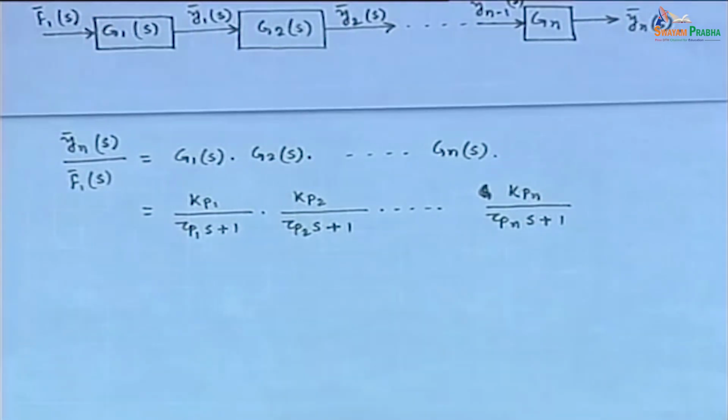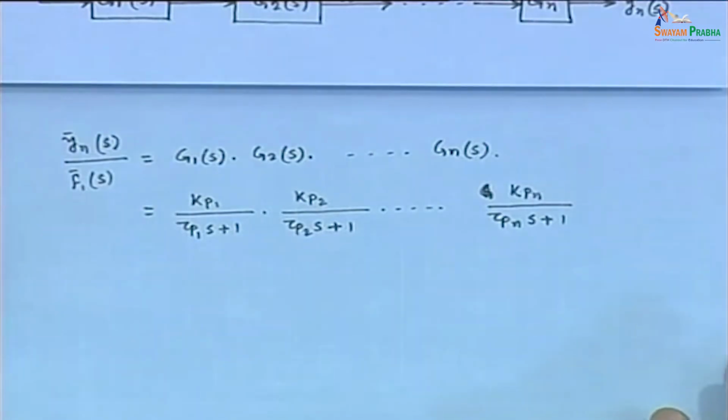So, this is the overall transfer function for n non-interacting capacities in series. Similarly, for n interacting capacities in series, we can obtain the overall transfer function in a more complex form.